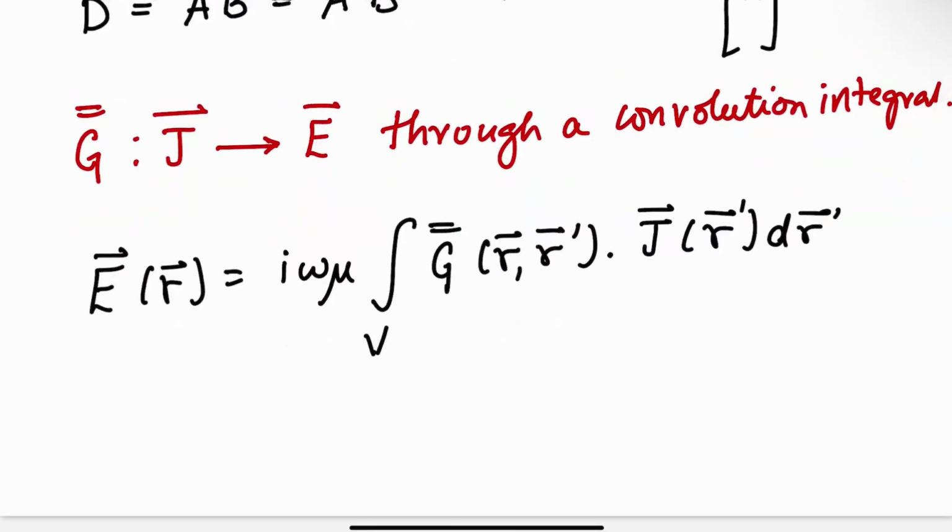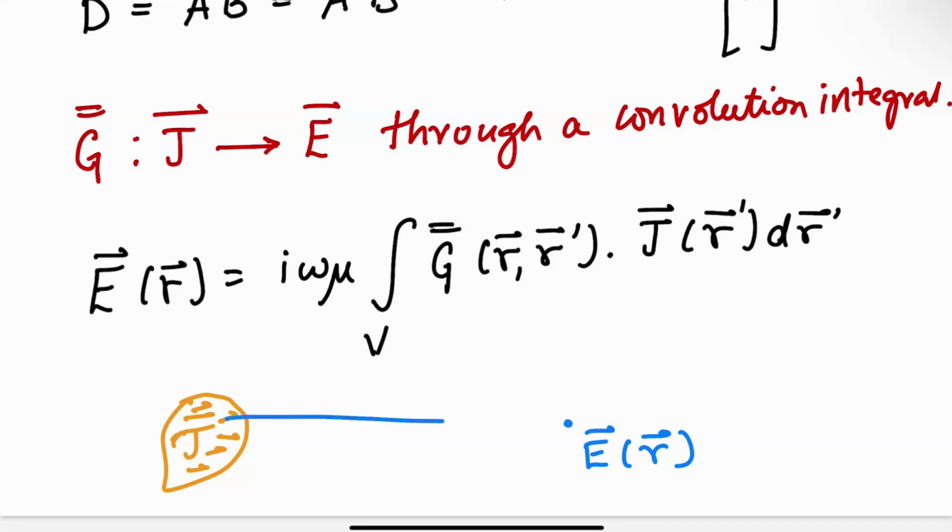Okay, so intuitively, what's the picture? I have some current distribution, J. There's a current everywhere, and everywhere it's a vector. It's a vector field. So what is this doing? This is transforming each vector. Let me draw it as a straight line. If I want to find my field at some location, E of r, what this is doing is performing linear transformations on each current vector.